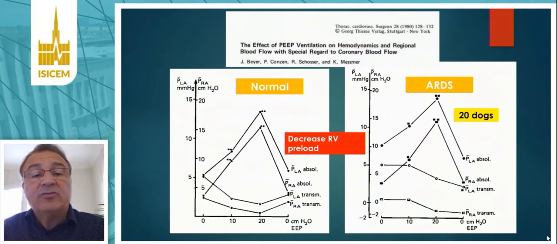So it means that during high pressure in the lung, you have a decreased venous return, and then you induce a decreased right ventricular preload. And it is true in this study in normal dogs as well as in ARDS-induced dogs. So that's the first point.